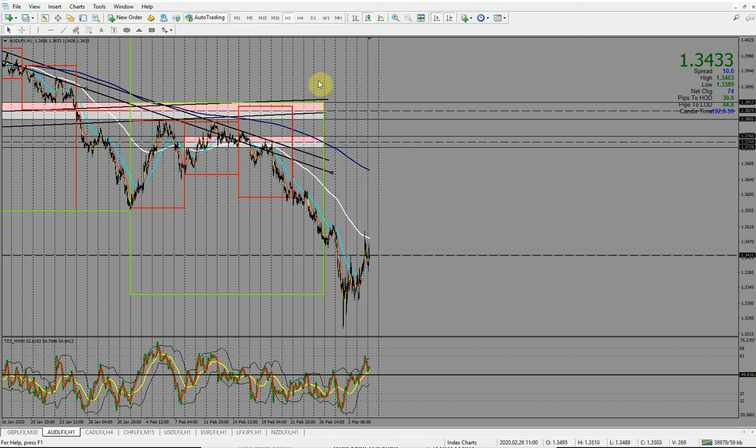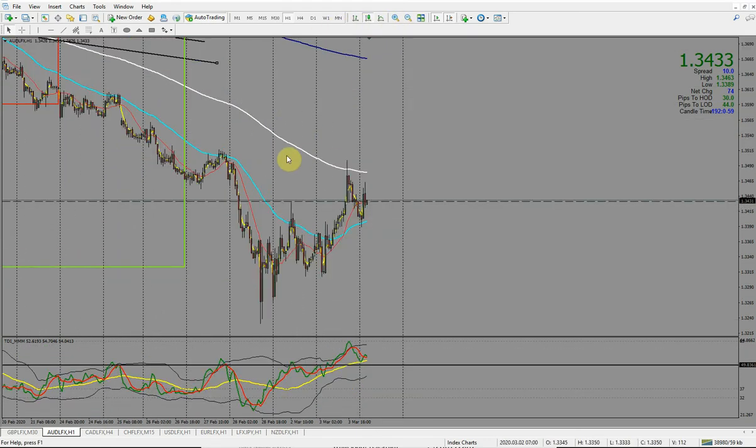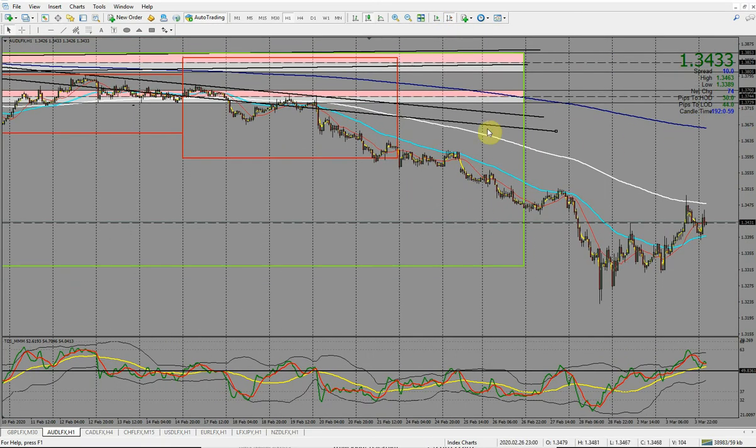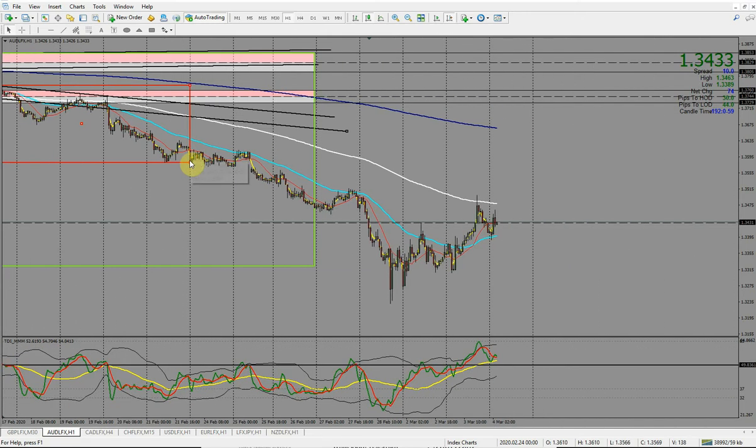Remember, we're doing analysis right now, trying to figure out what could happen. What is the potential? Do you have any really good looking potential setups anywhere on all index charts?